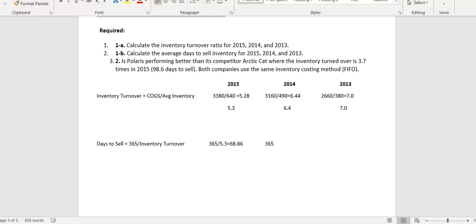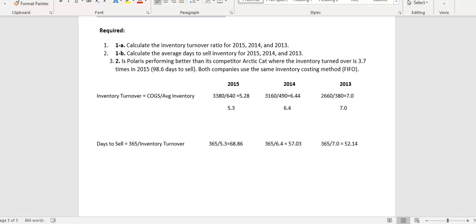For 2014, 365 days divided by 6.4 will give us 57.03 days. And 2013, 365 divided by 7.0 will give us 52.14 days.